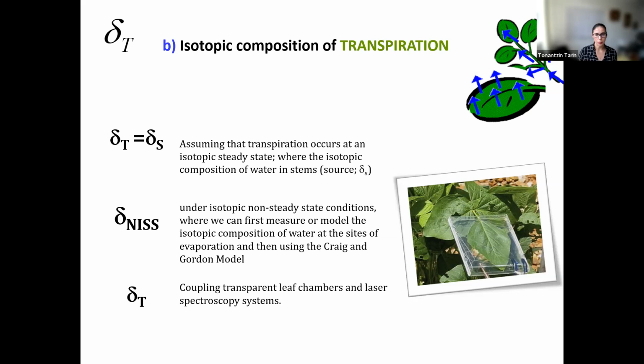Delta T is controlled by many factors, such as the turnover of the water in the plant, the stomata density, the stomata conductance, the leaf water content, and a species-specific effect on the local isotopic signals that can be difficult to identify and distinguish.